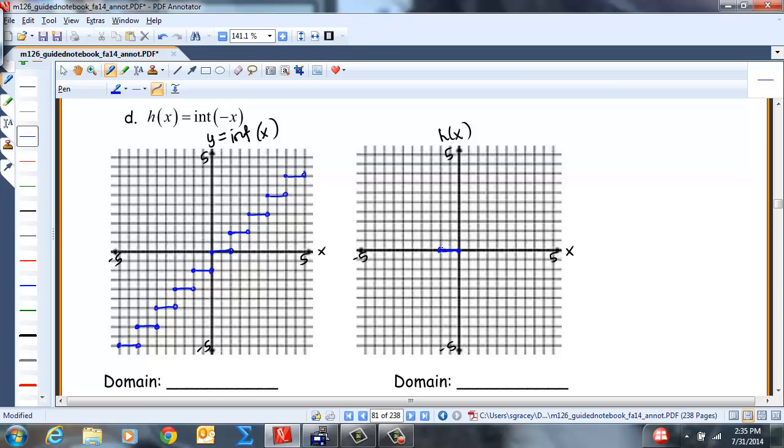And then, so I just flipped that first one. So now if I flip this guy, I'll be here. So I'm flipping the next one over. So instead of having our open circles on the right side of each, they're going to be on the left side.